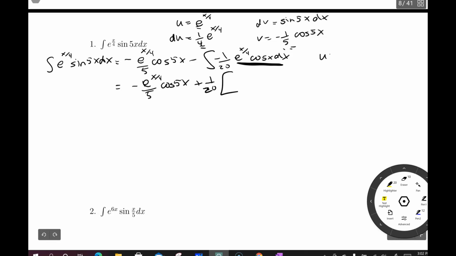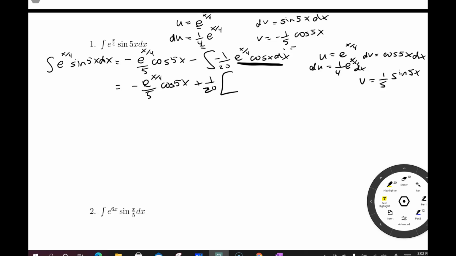So I'm going to start with u equaling e to the x over 4, dv equaling cosine of 5x dx, du gives me a 1/4 e to the x over 4 dx, and my v will give me a 1/5 sine of 5x. All right, so let's put it in here.